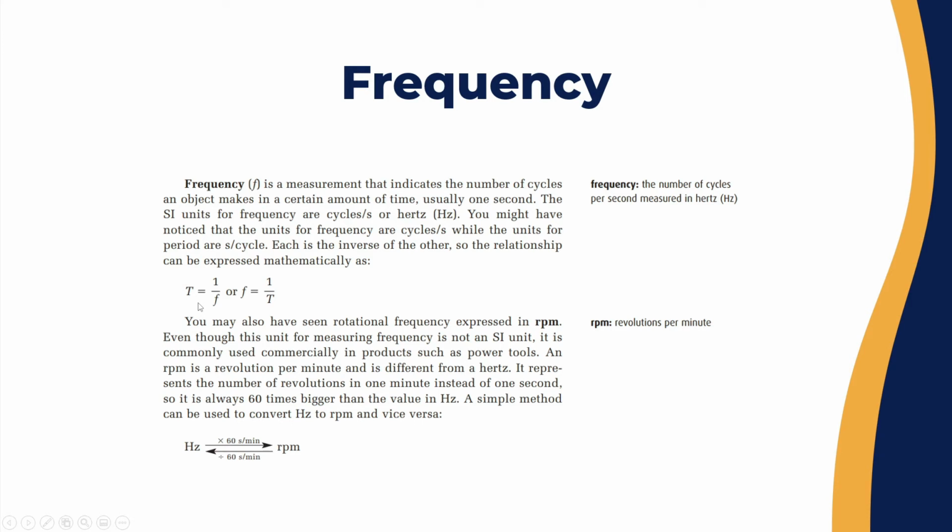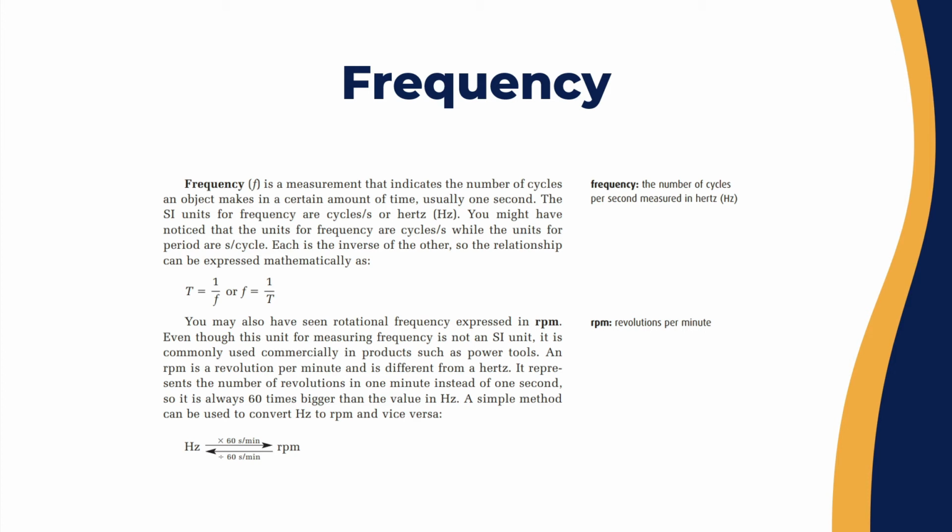As well, as we're talking about circular motion, we are interested in RPM. RPM is an abbreviation that stands for revolutions per minute. We sometimes call it rotational frequency. This unit is not really measured by the SI unit. It is commonly used commercially in products like power tools. RPM is revolutions per minute and different from Hertz.